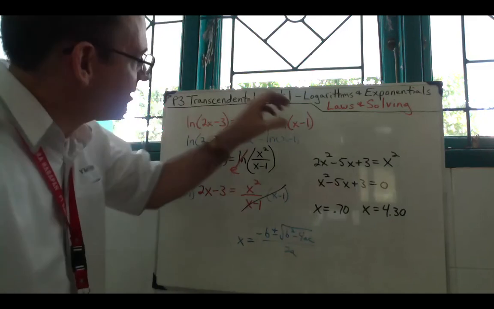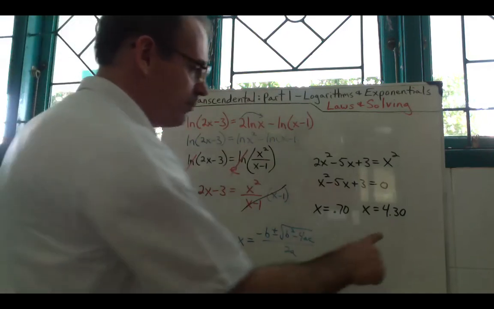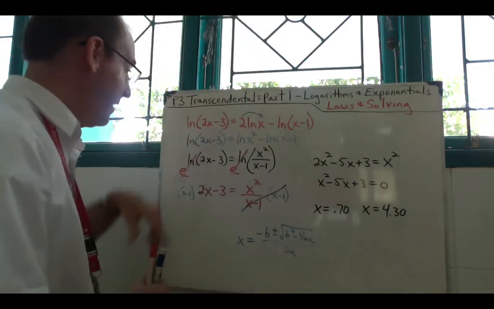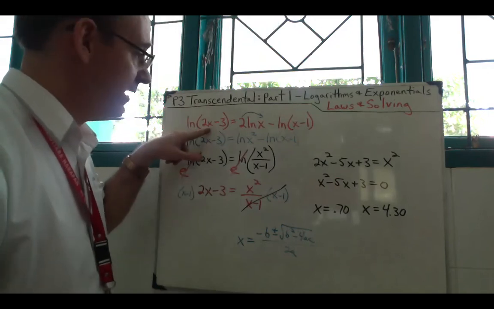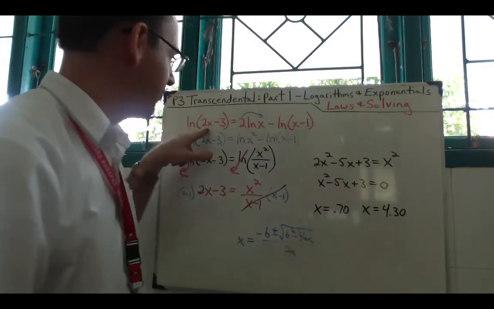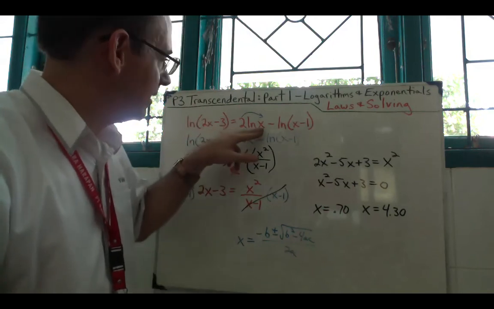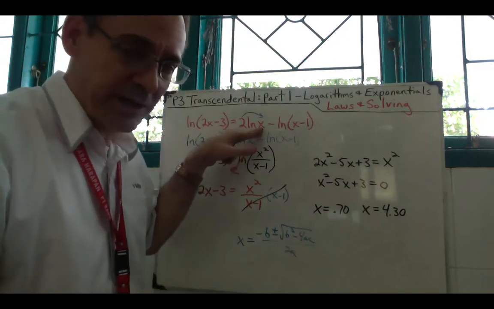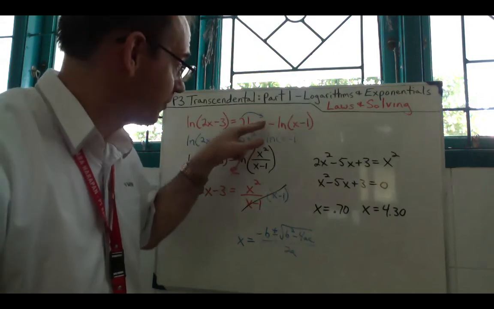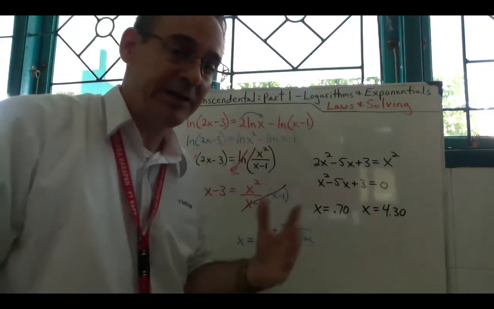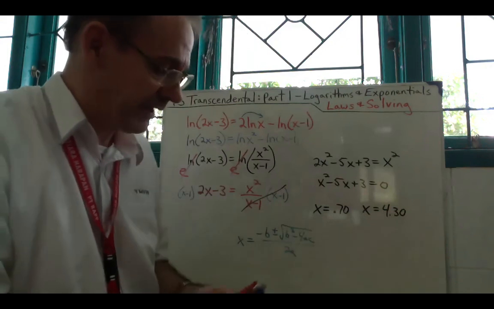So if we go back to the original and we put our 4.30 in, well, 4.3, let's just take 4 times 2 is 8, 8 minus 3 is 5, no problem. Here, x, you put in 4.3, no problem. 4 minus 1, that's 3, no problem. Okay, so this one is fine.